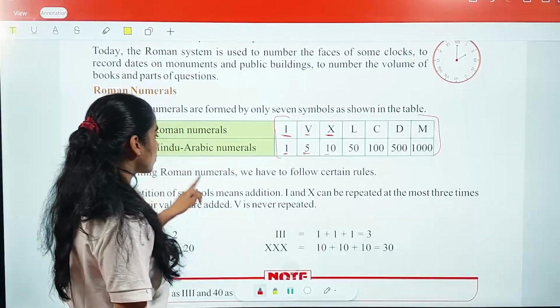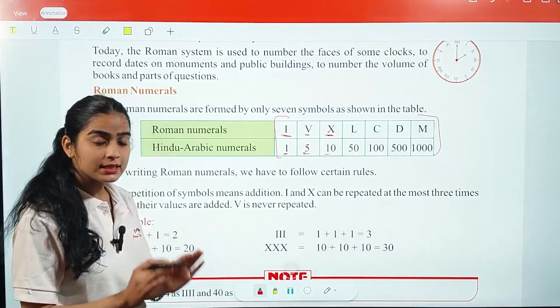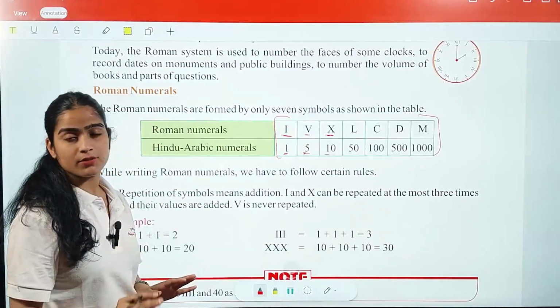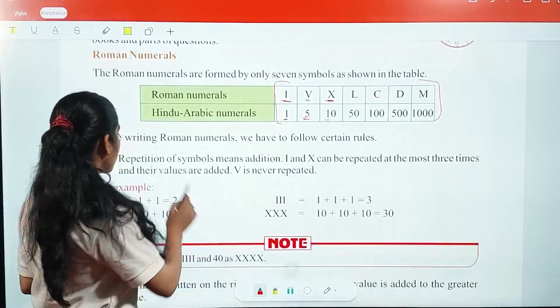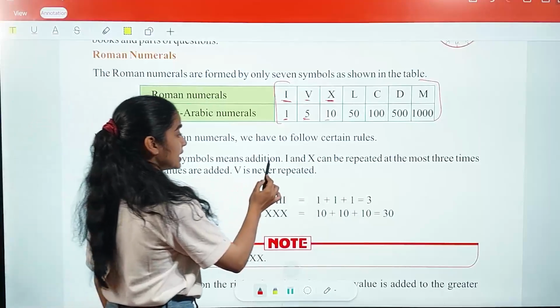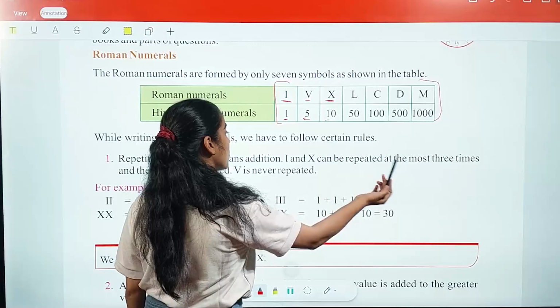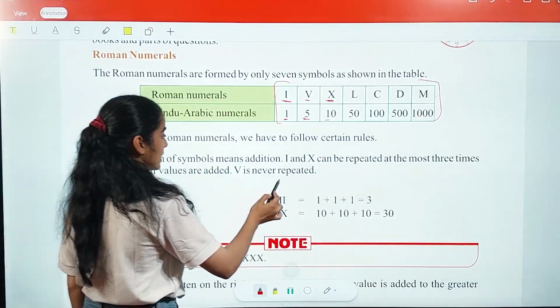While writing Roman numerals, we have to follow certain rules. Students, listen to these rules very carefully, otherwise you will not be able to form your Roman numbers. First, repetition of symbols means addition. I and X can be repeated at most 3 times and their values are added. V is never repeated.